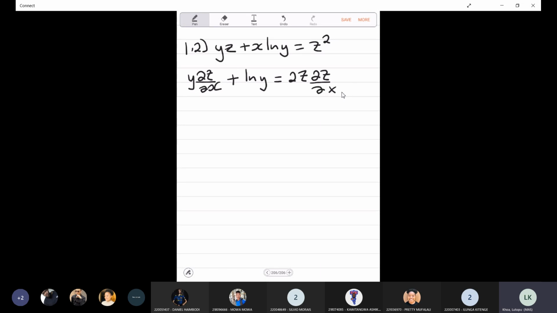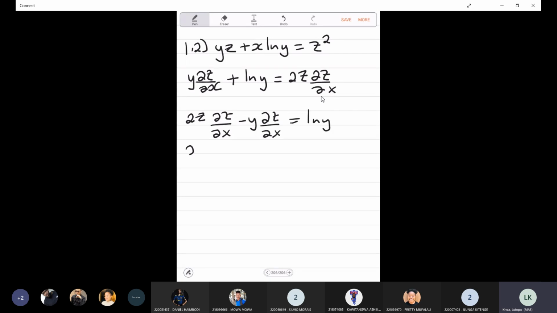Then you want to collect all the terms with dz/dx on one side. You'll factorize and make dz/dx the subject of the formula. So we have 2z dz/dx minus y dz/dx. This is equal to ln y.